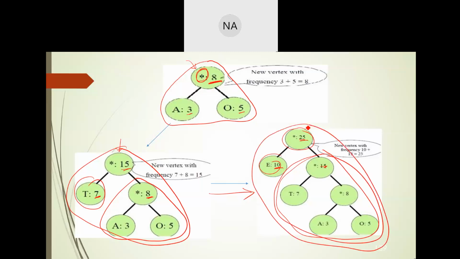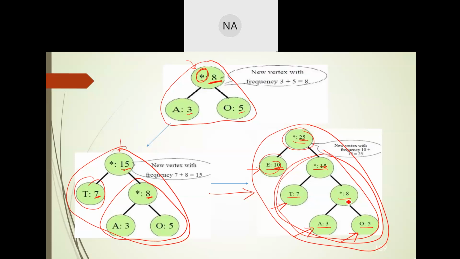Now how to find the codes? How to find the code for each character? Remember that the nodes for the characters are leaf nodes. This is the leaf node for E, for T, for A, and for O, and all others are internal nodes, right?